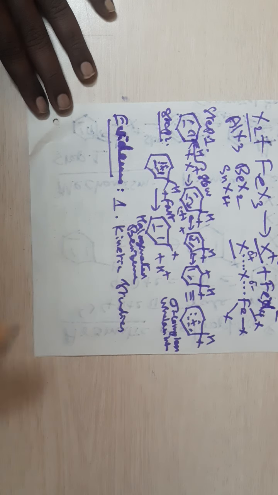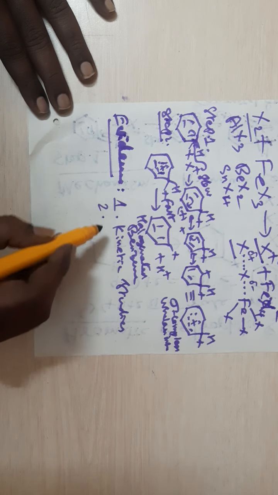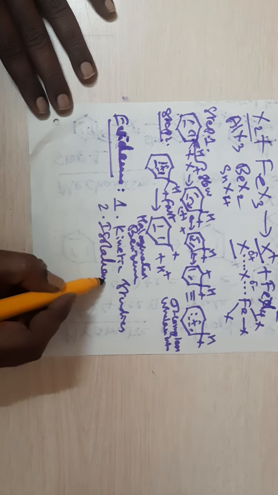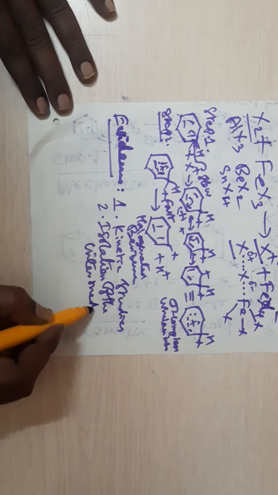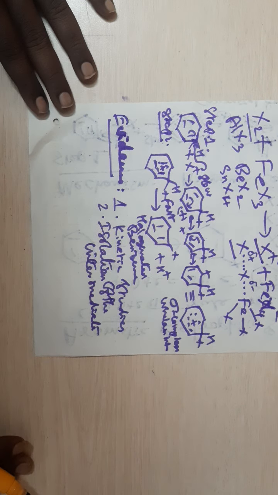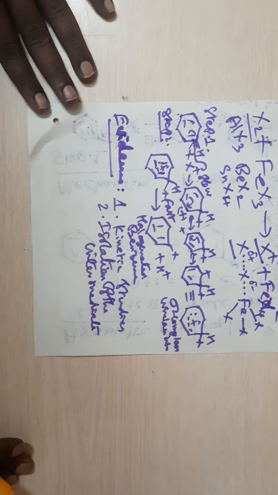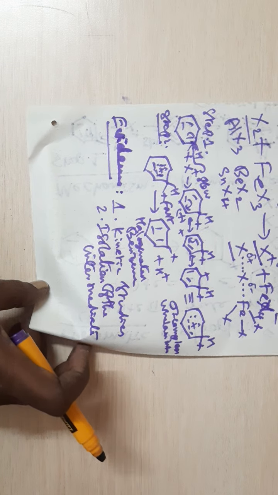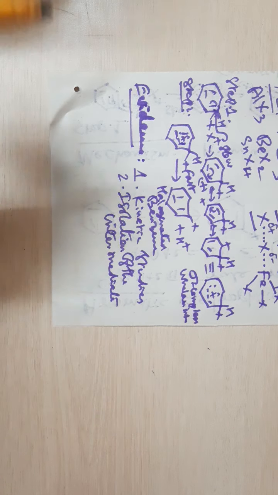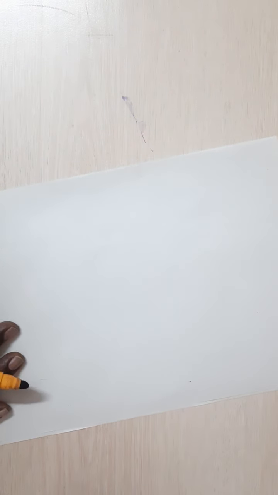Okay, so kinetic studies confirm. And the second evidence is the isolation of the intermediate. The intermediate is also isolated in aromatic halogenation reaction at low temperature. So from these two evidences, it is believed that the aromatic electrophilic substitution reaction takes place by this mechanism in the halogenation reaction also. So we have to believe from these evidences that the aromatic electrophilic substitution in the halogenation here takes place according to this mechanism.